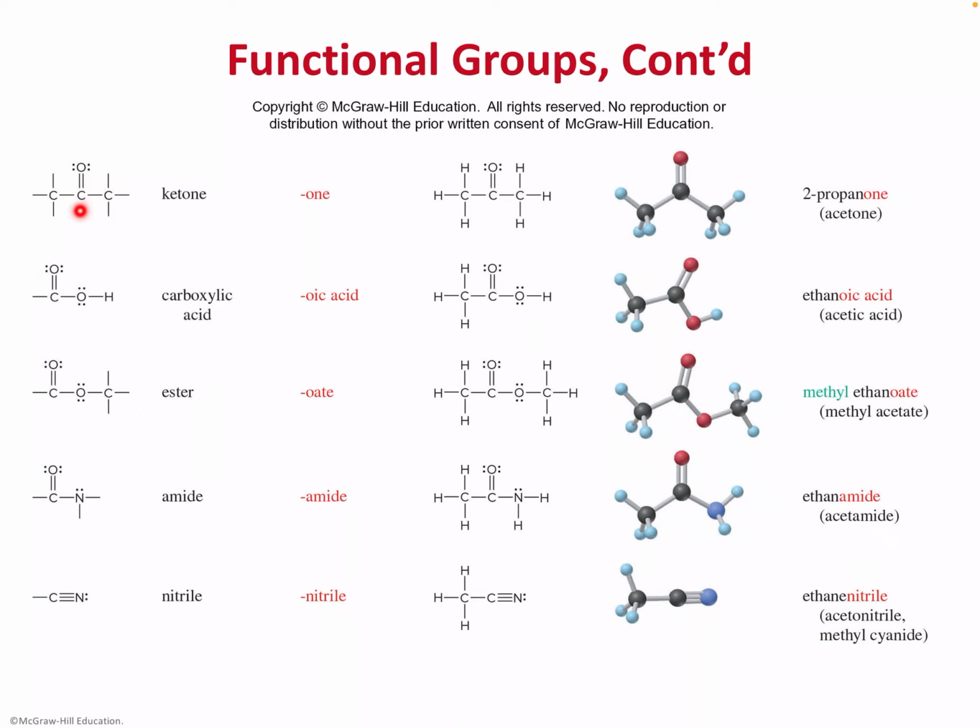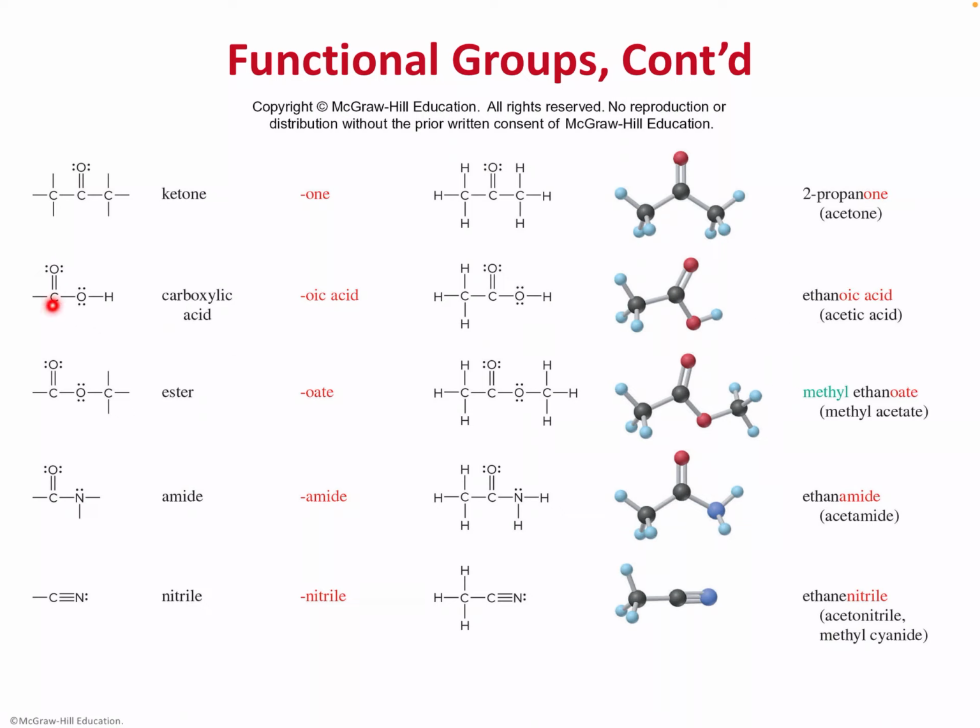In a ketone, you have a carbon-oxygen double bond, and then you have two carbons on either side of it. The suffix is one, and 2-propanone or acetone is the name. When you have a carbon-oxygen double bond and an OH group attached to it, that is called a carboxylic acid functional group, oic acid. The name would be ethanoic acid, or the common name for this one is acetic acid.